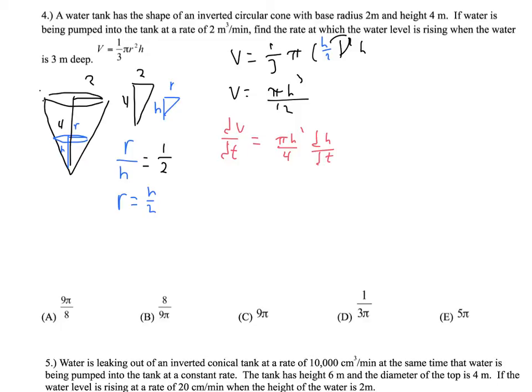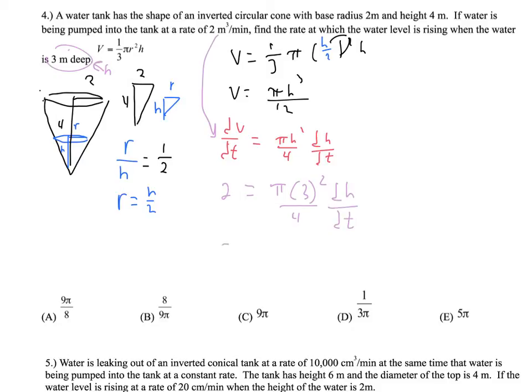Water is being pumped into the tank at a rate of 2, so this is dV/dt, and h is equal to 3, so this is h. 2 is equal to pi times 3 squared over 4 dh/dt.